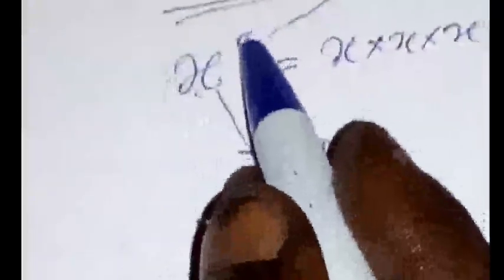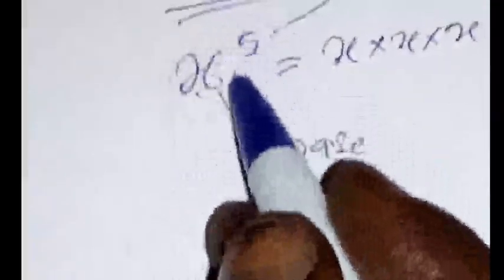And this big number, that is the x here, is called base. Therefore, whenever a number is expressed in this form, that is with a base and a small number on top of it as power, this expression is known as index form. It is an index expression of a number.